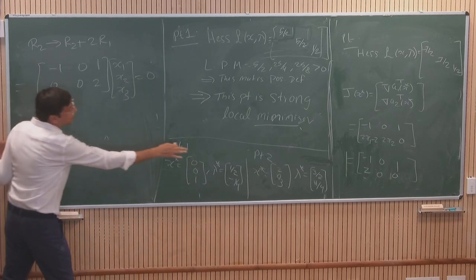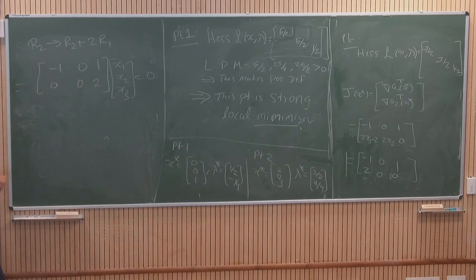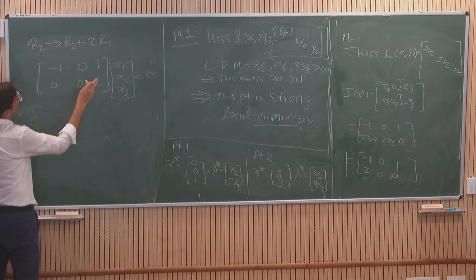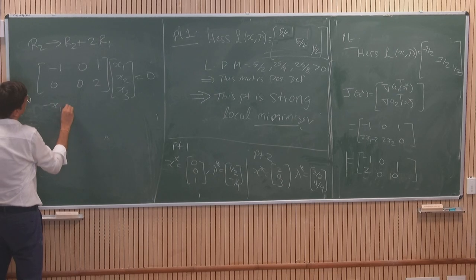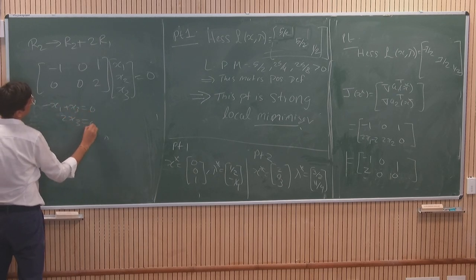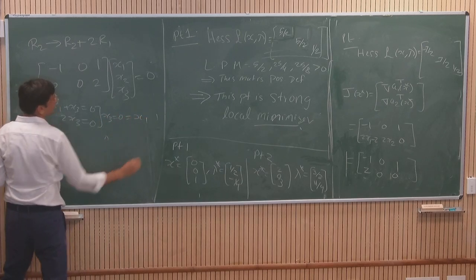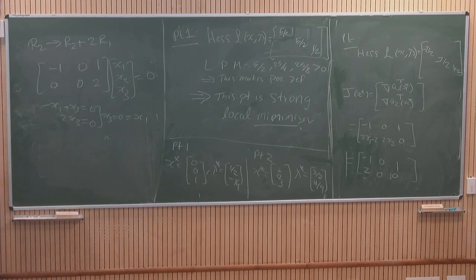You could have done it with that also. It doesn't change anything. So we'll say this is minus x1 plus x3 equal to 0 and 2x3 equal to 0. This implies x3 is equal to 0, which is equal to x1. So you got that x1 and x3 are 0 and x2 is free.